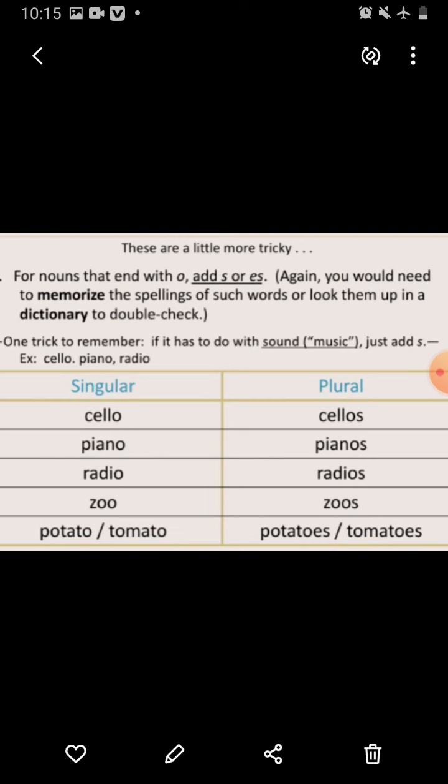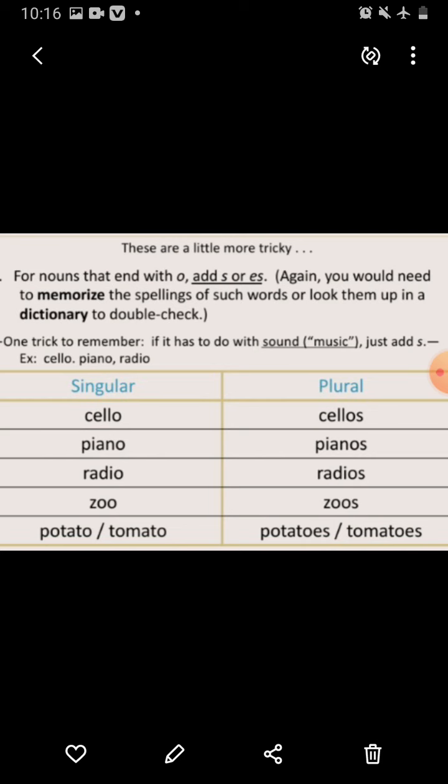If it has to do with sound or music, you add S. For example, singular cello, plural cellos. Here you are not going to add ES. Piano, pianos. Here you are not going to add ES.